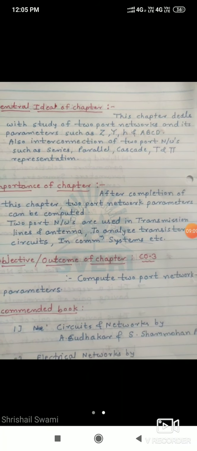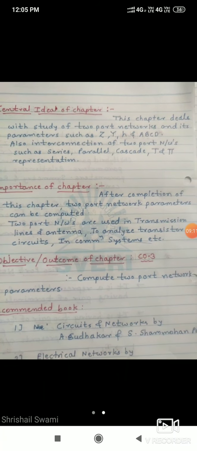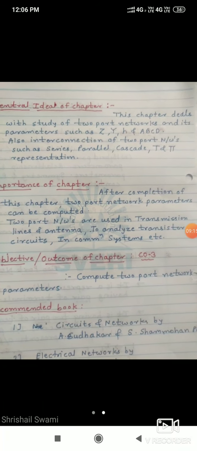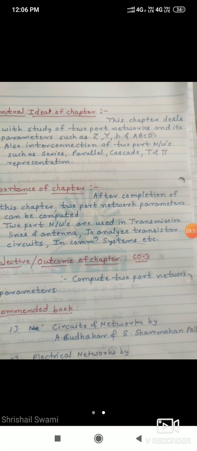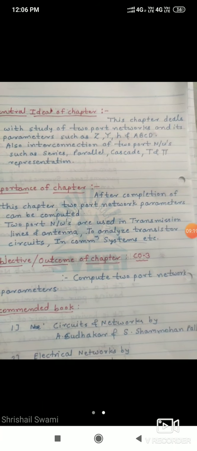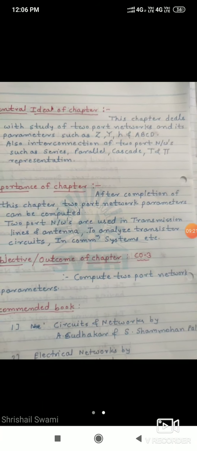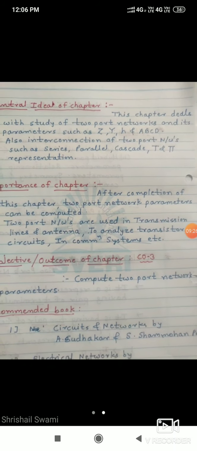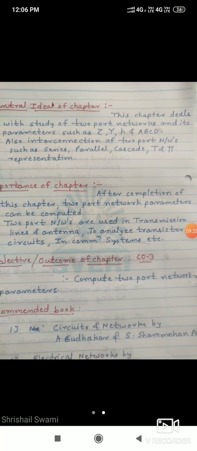Those parameters can be any: Z, Y, ABCD or H. Do you understand? Also, he or she must know the applications of two-port networks.